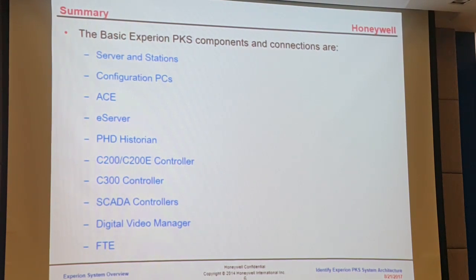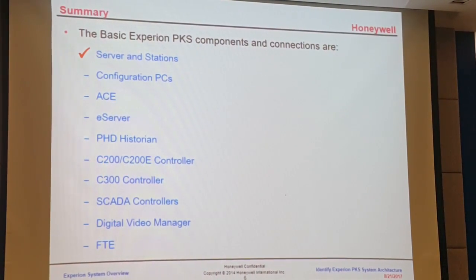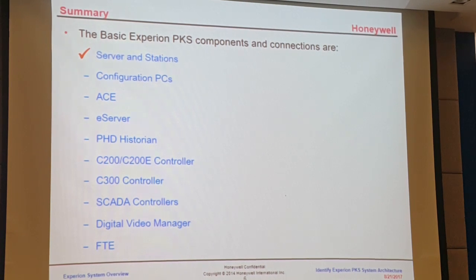Let's summarize. We have now learned about the basic Experion PKS components which make up our system. We learned that there is a server which contains the global or real-time database, and there are stations which give operators the ability to view and interact with the database.